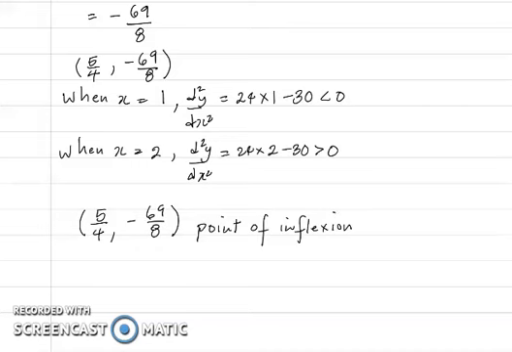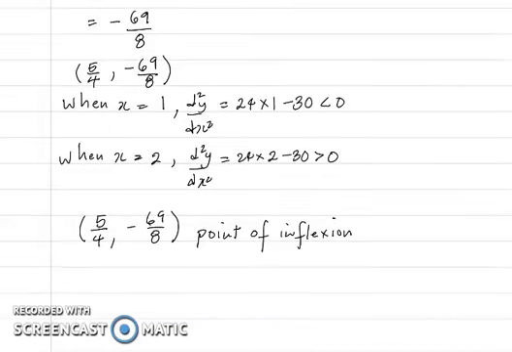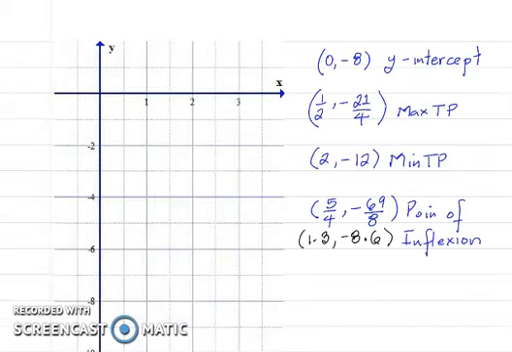All right, so I think we have enough information now to sketch our curve. So this is the information we have. 0, minus 8, which is here, is the y-intercept. A half, minus 5 1/4 is a maximum turning point.